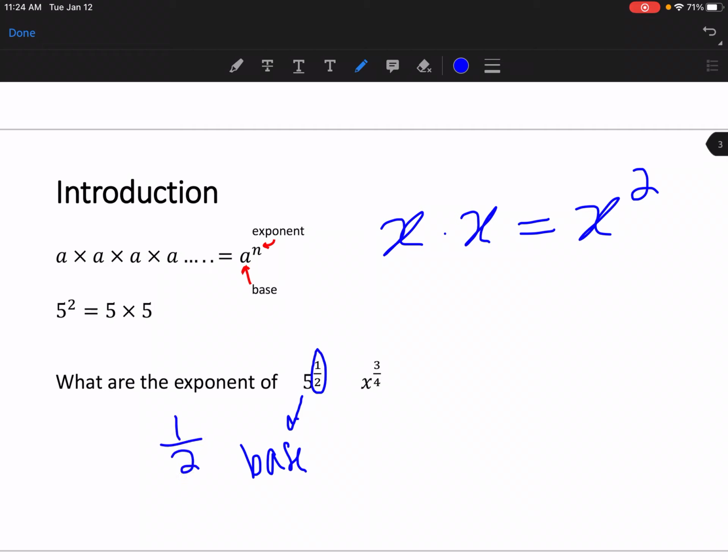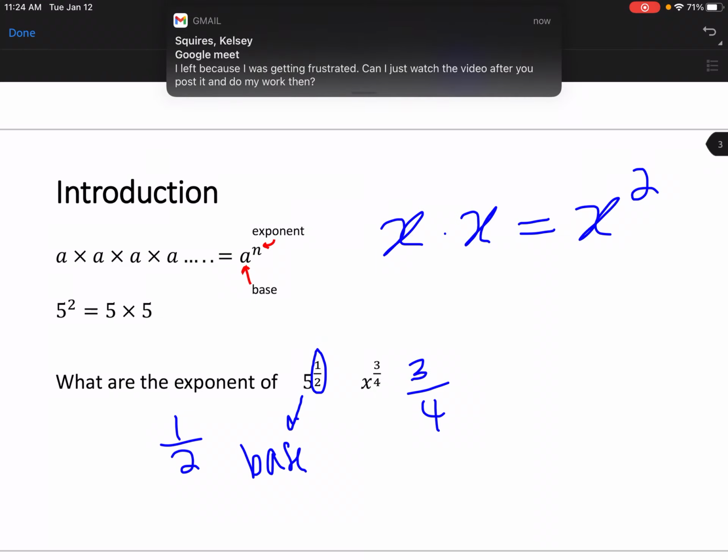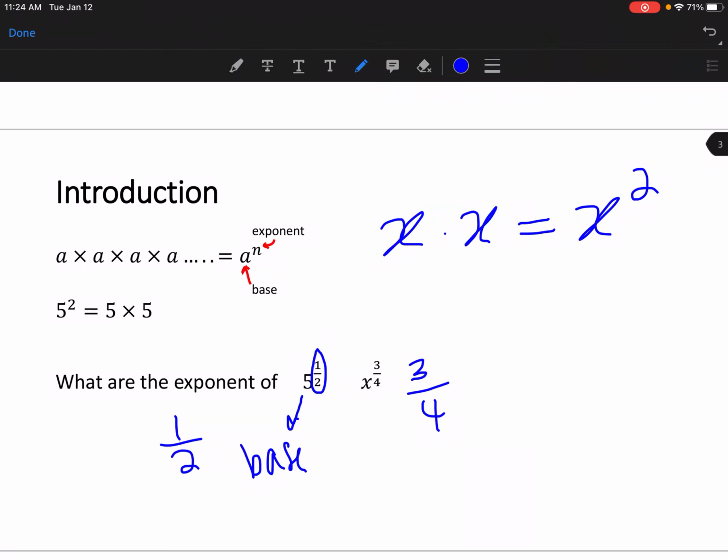And then for the second one, x to the 3/4, my base will be... I mean, not base, sorry, the exponent is 3/4. My base is x. Whatever is raised to that power, that power is called my exponent.